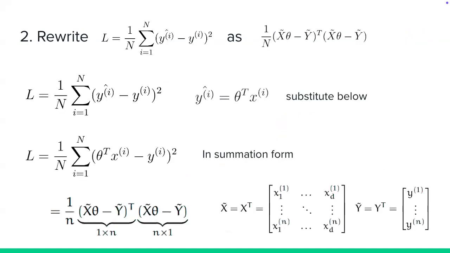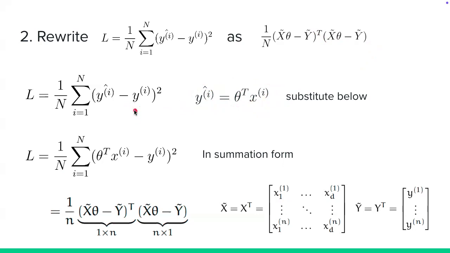The second step is to rewrite this loss function as 1 over n, x tilde theta minus y, transpose, x tilde theta minus y. The first thing we do is substitute our predicted y value, theta transpose xi, into our formula for the loss.